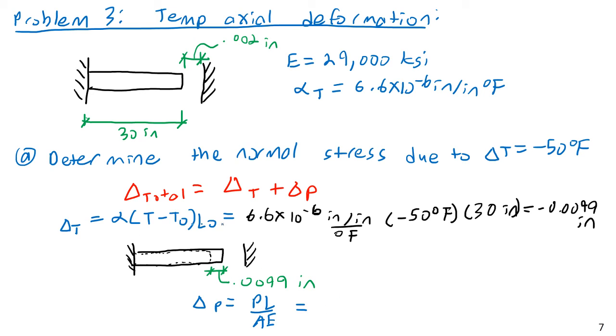So we got the delta T, and that's this, and the delta P is just PL over AE, which is sigma L over E, but however, this must be 0 and this must be 0. So just sigma is equal to 0. There is nothing constraining this thing's deformation, so it's just going to have 0 axial stress.